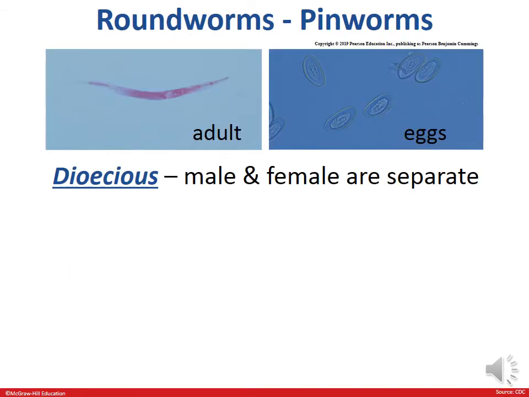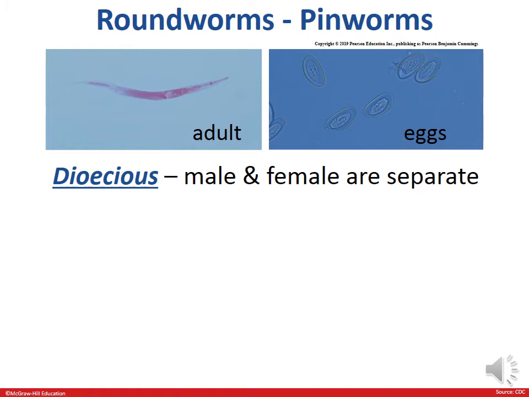Roundworms would include things like pinworms. And so in this case, again, they're long cylindrical worms that then get into the digestive tract. This one actually you have two separate species. So you have a male and a female. The female's much larger than the male typically. They find each other in the colon of the host that they happen to be infecting or infesting, excuse me.